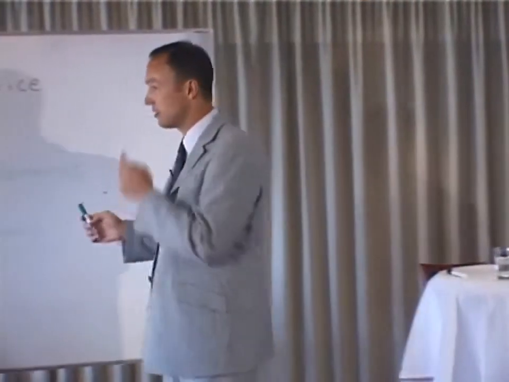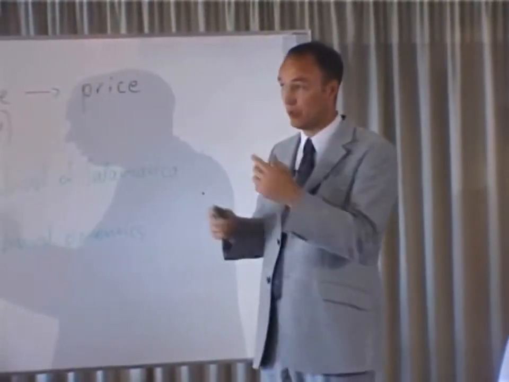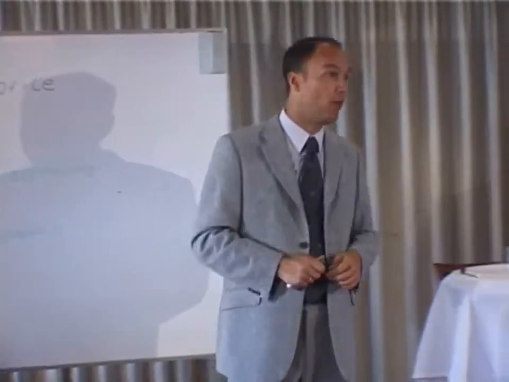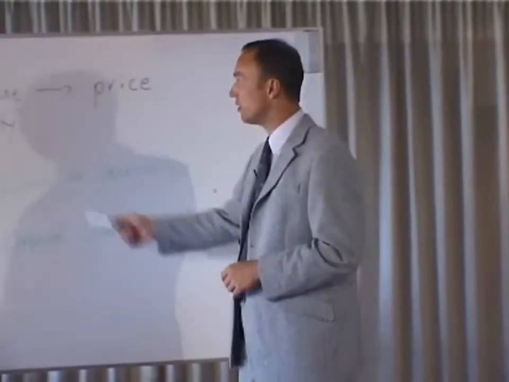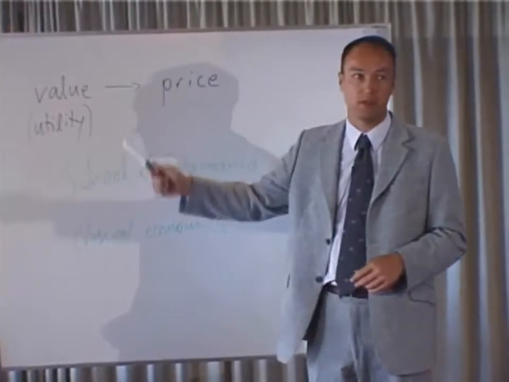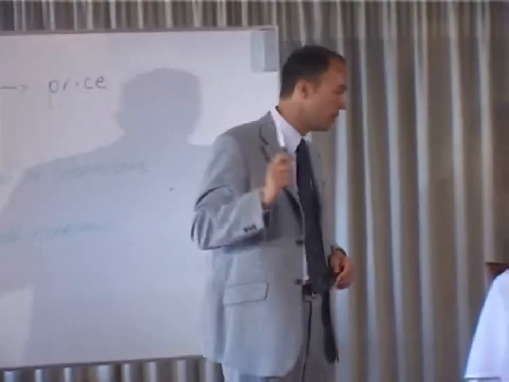So this was the classical paradox of value, also sometimes called the diamond-water paradox, because in fact these two examples that I've used are the most widely used examples to illustrate the paradox. Now, the solution to this paradox is to be found in the principle of marginal value, and here the emphasis is on marginal.